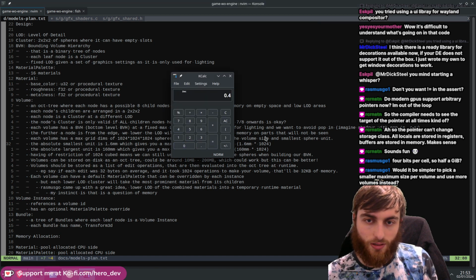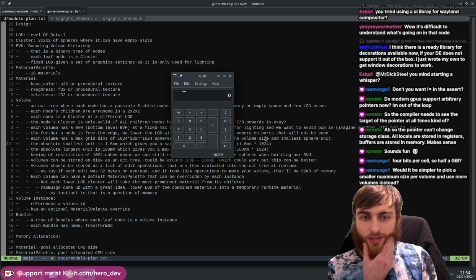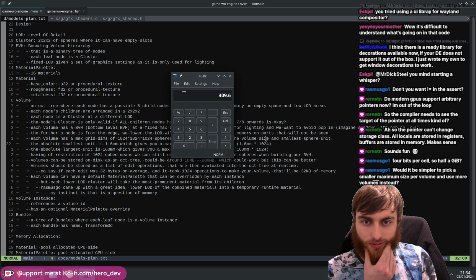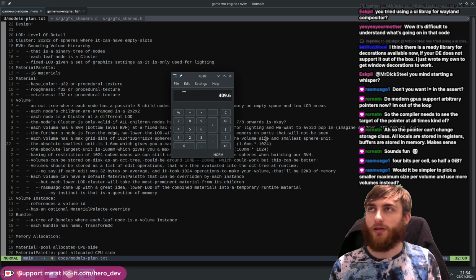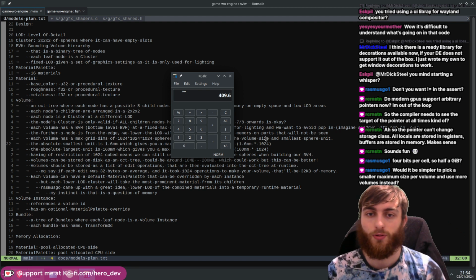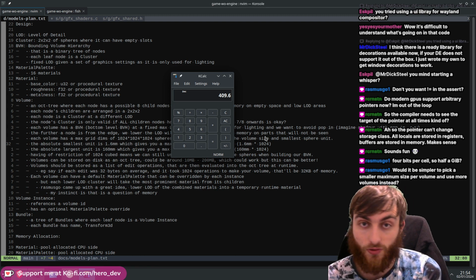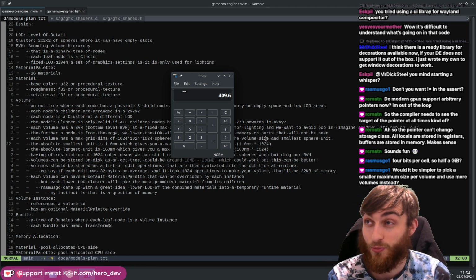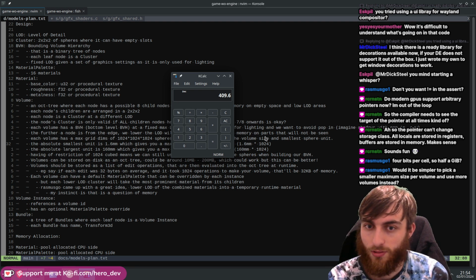It reaches 0.4 meters, like 400 mil. So the maximum volume you could build with a unit as small as the smallest sphere, 1.6 mil, which is proper small, would be about 400 mil.